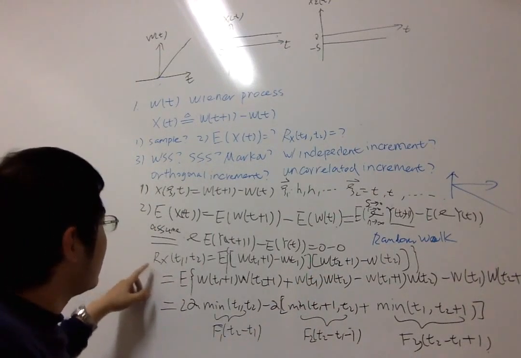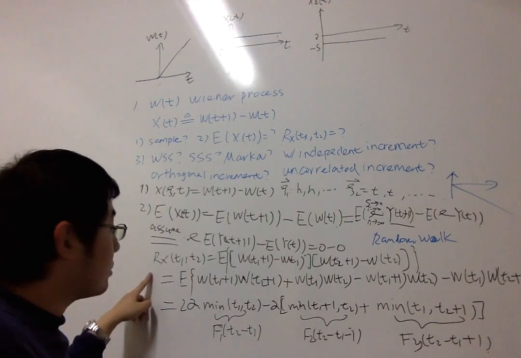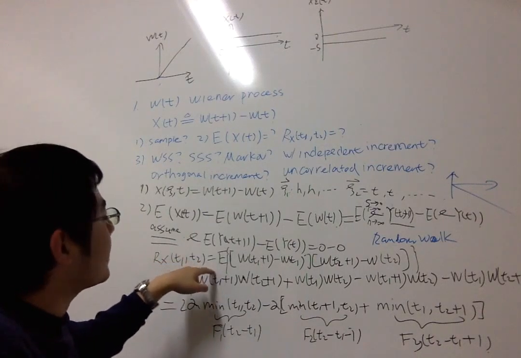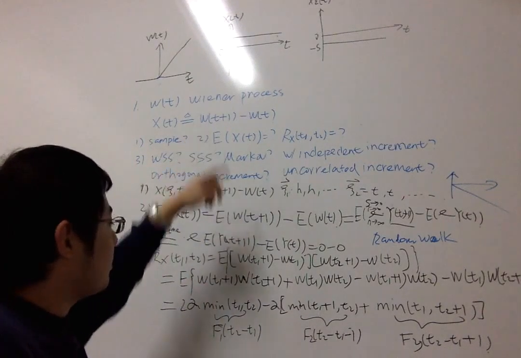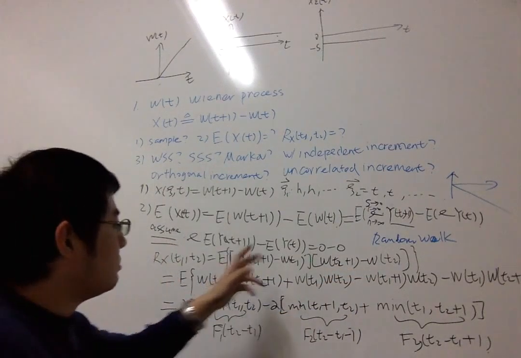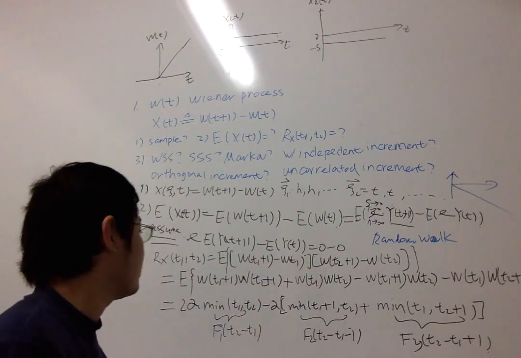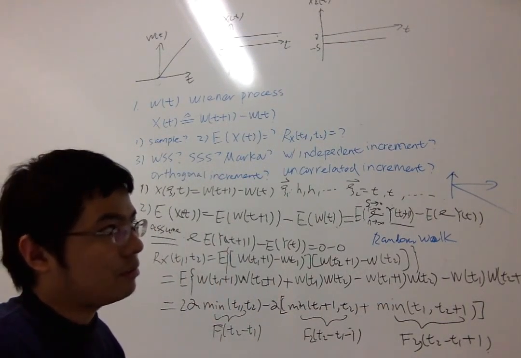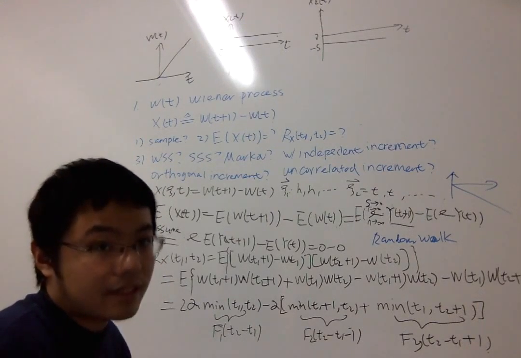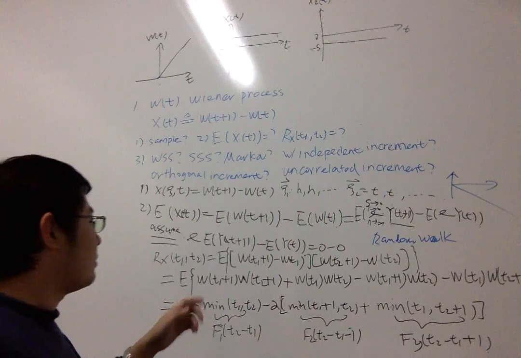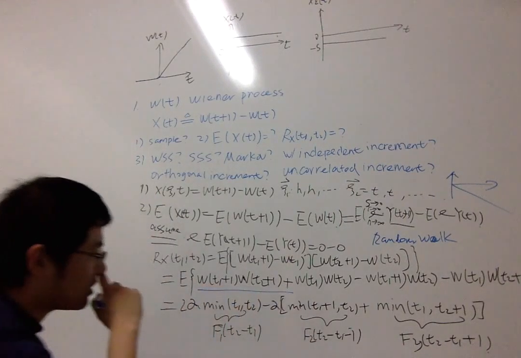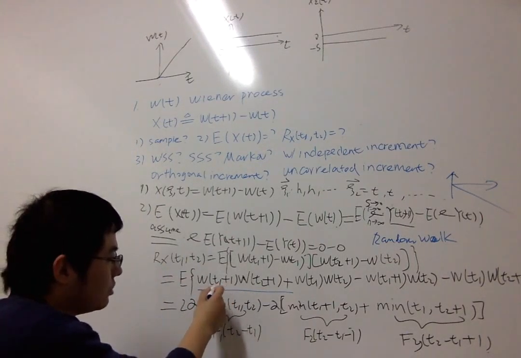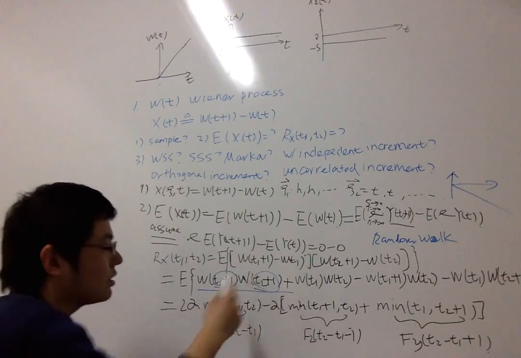Second, we're going to find the autocorrelation function. Like we've done before, we plug in x with respect to w, and when we multiply these two polynomials, we're going to get 4 terms. If we recall the autocorrelation function of the Wiener process that we have learned in our class, this is just the Wiener process with respect to t1 plus 1 and t2 plus 1.